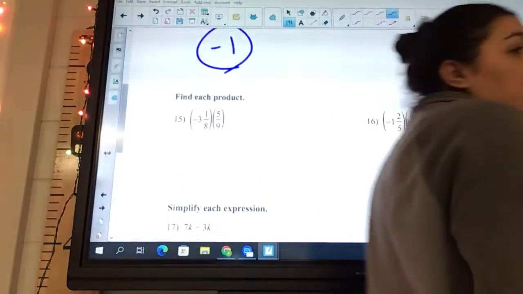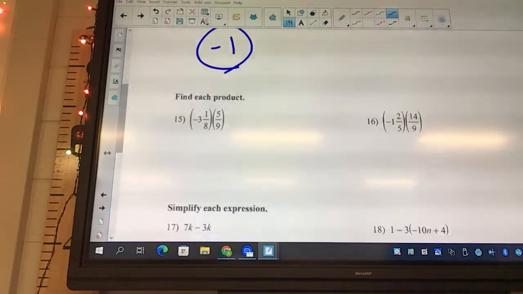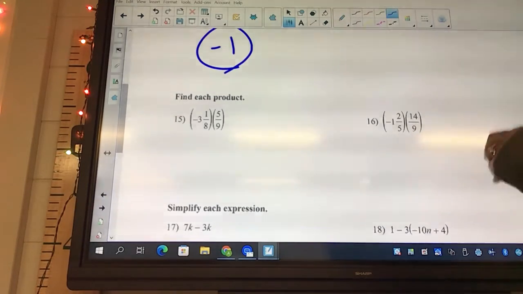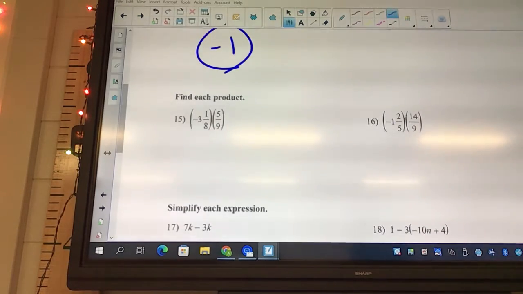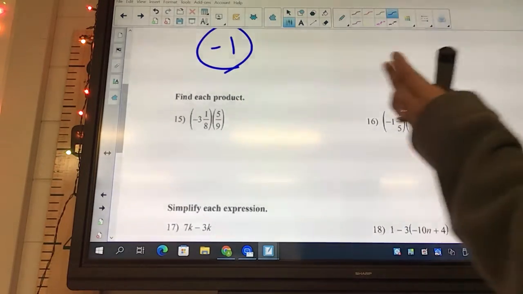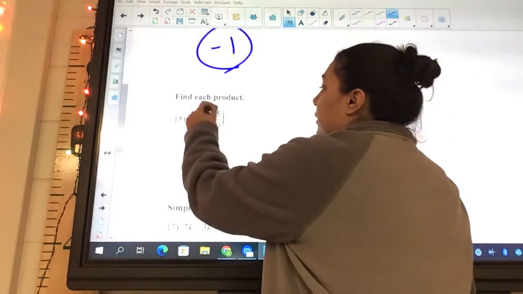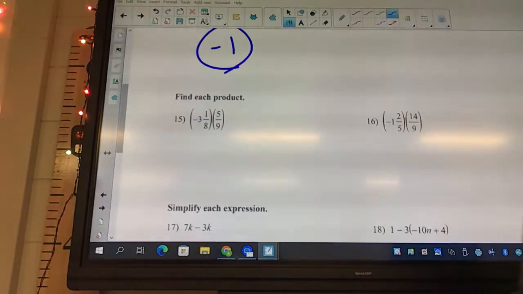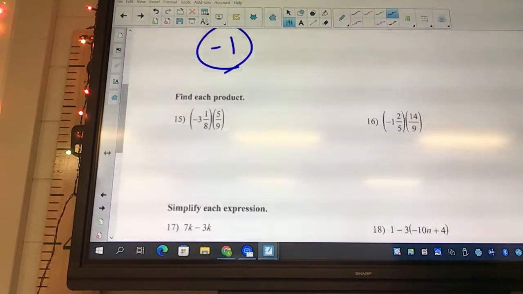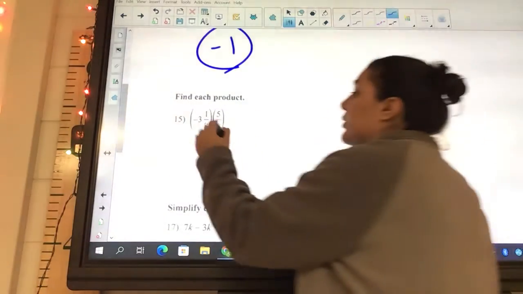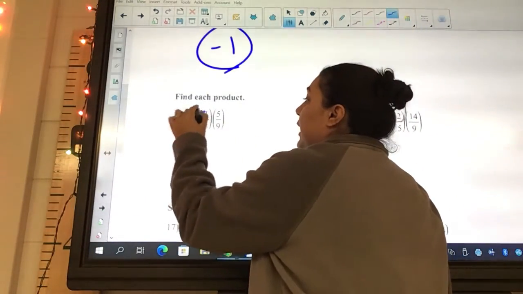Find each product. What's product mean? It means multiply, okay? But these, we got to convert the fraction. You cannot type in that mixed fraction on your calculator. So how do we convert this fraction? Does anybody remember? 8 times 3 plus 1. We multiply and add.